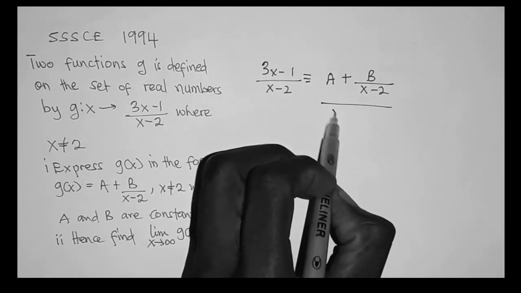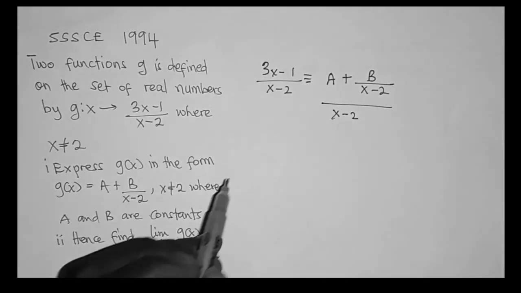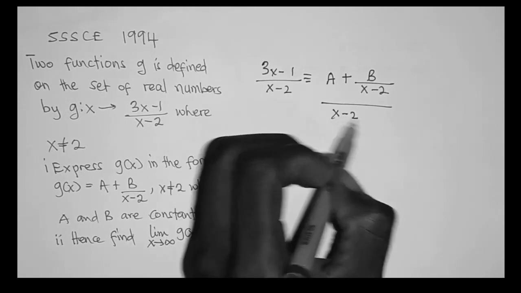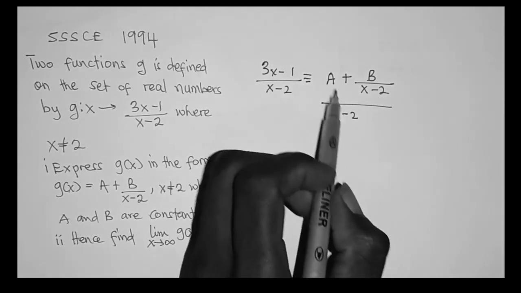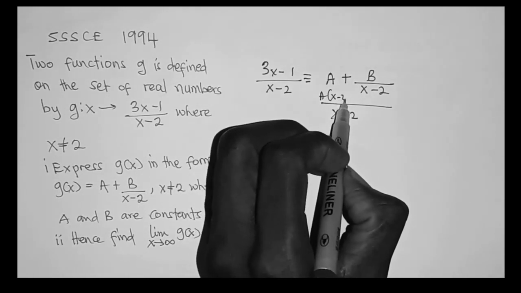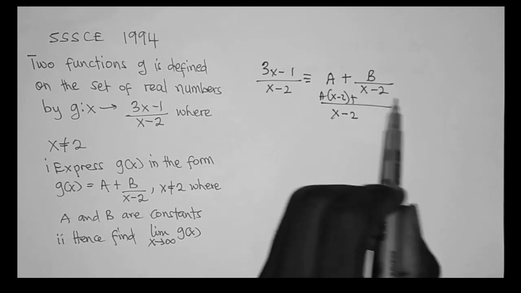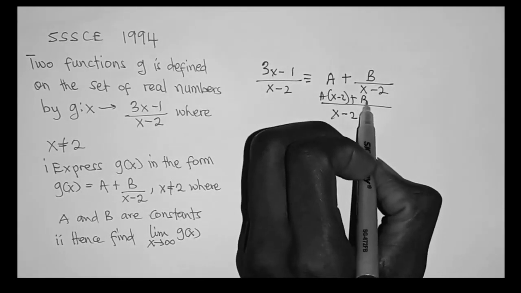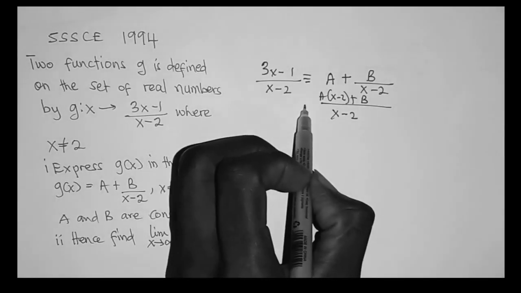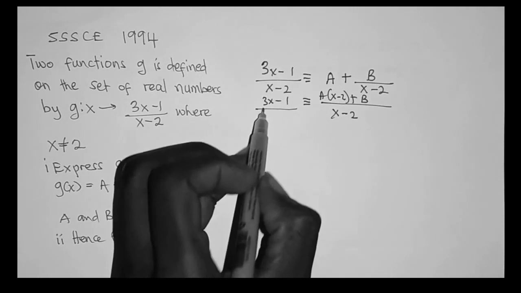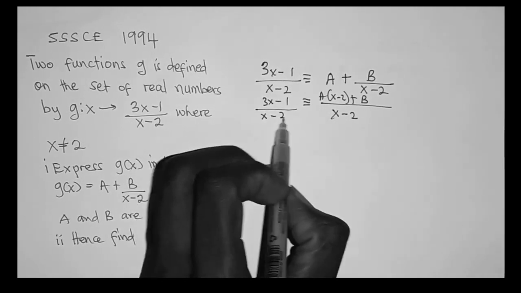It's just going to be x minus 2, so that this is a over 1. x minus 2 divided by 1 is x minus 2 times a, so this becomes a times x minus 2 plus, x minus 2 divided by x minus 2 is 1, so plus b times 1, which is b. And all of this is equivalent to 3x minus 1 divided by x minus 2.